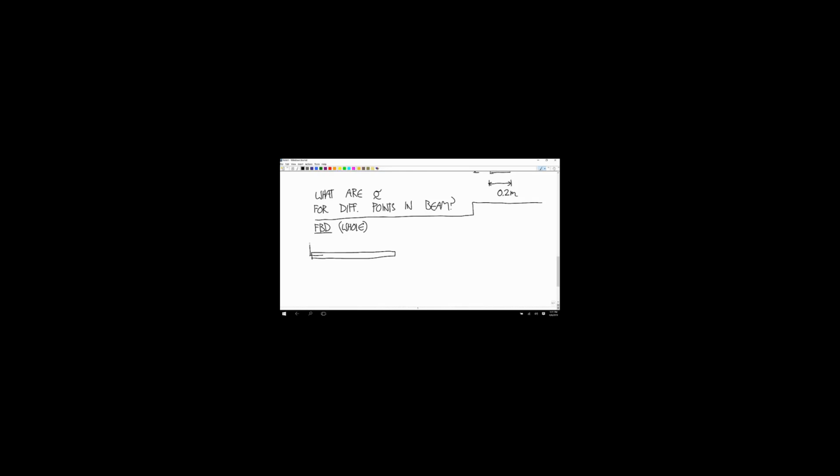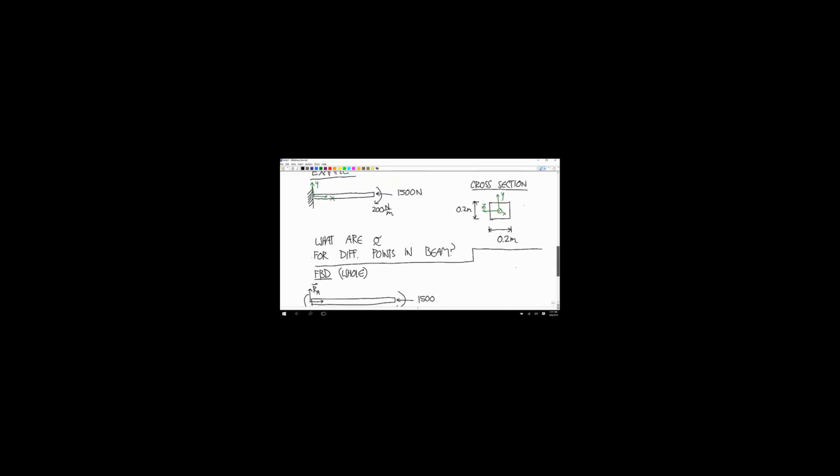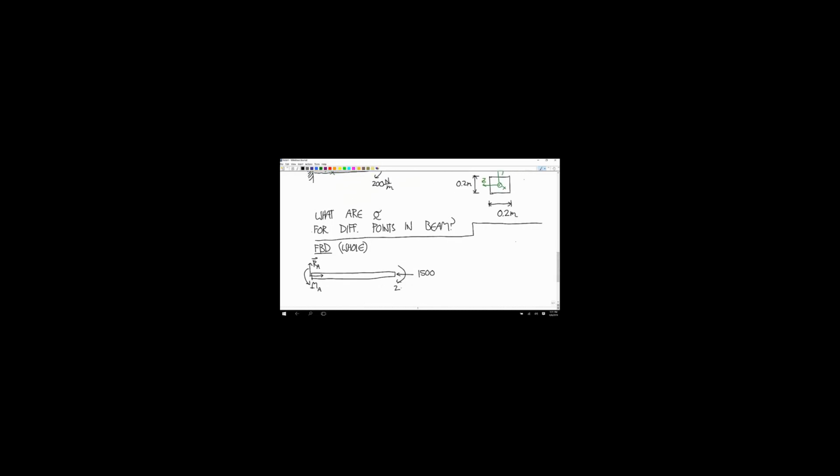So we have a force vector, I'll call it RA. We have a reaction couple, MA, and over here we have 1500 newtons and a moment of whatever I said, 200.